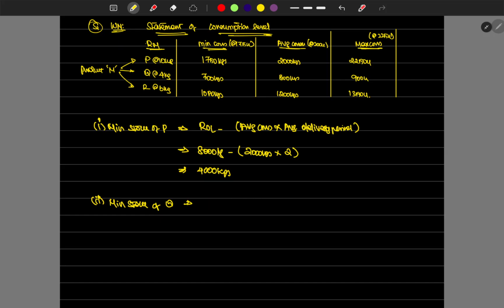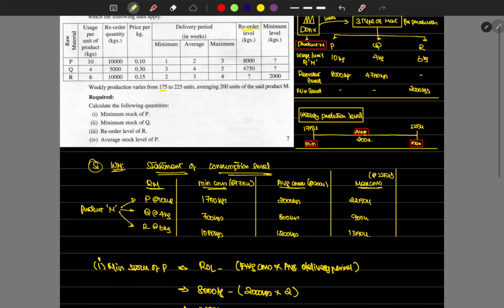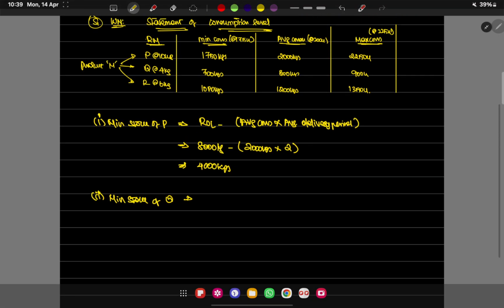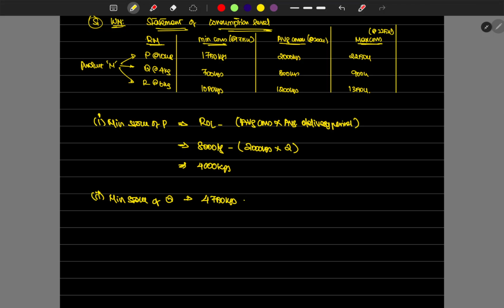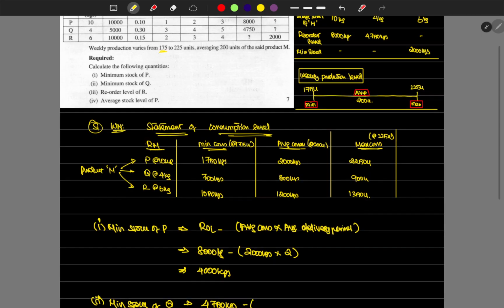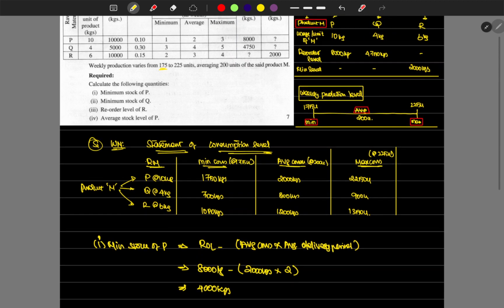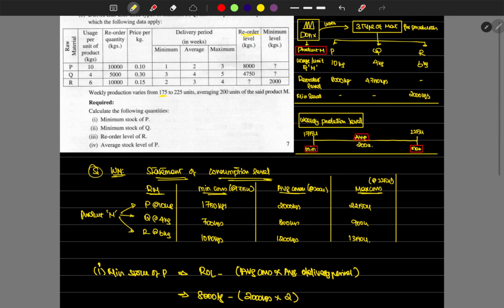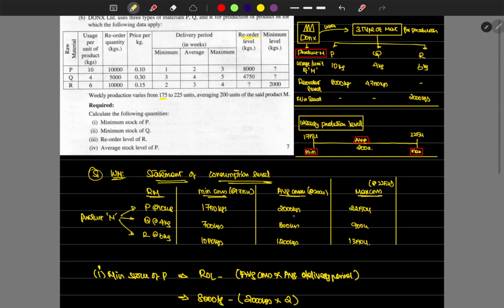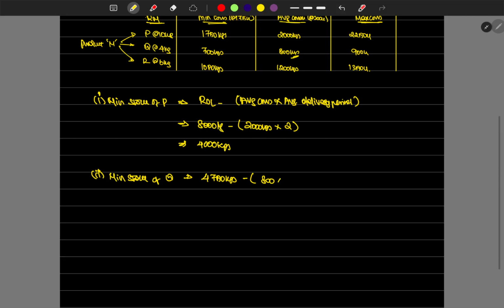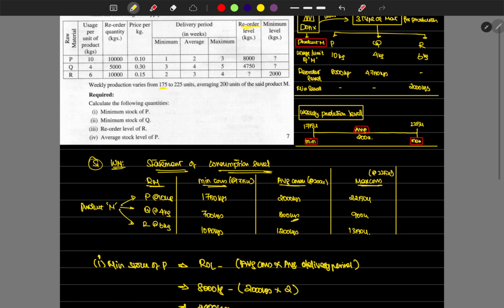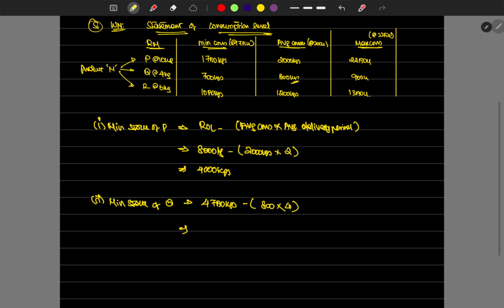Reorder level of 4,750 kgs minus average consumption, which is 800 kgs, into the average delivery period for Q. 4,750 minus 3,200 gives 1,550 kgs of minimum stock of Q required.